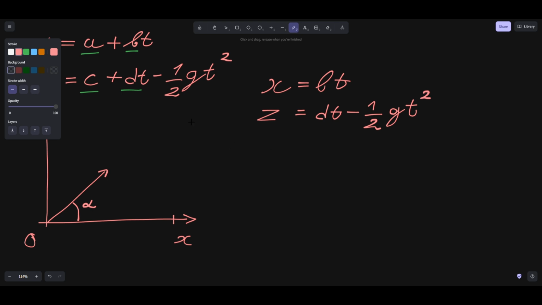So now we need to determine what B and D are. And these will really be the initial velocity in the X and in the Z.